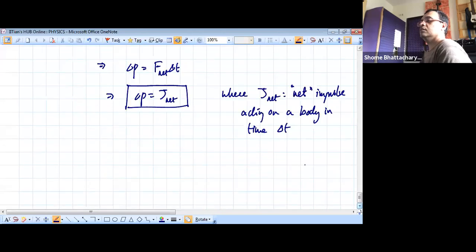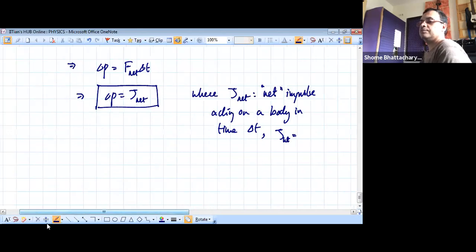As a formula, that net impulse will be given by the net force multiplied by the time. Force into time is impulse, so net force into time becomes net impulse. So J net is equal to F net into delta t.